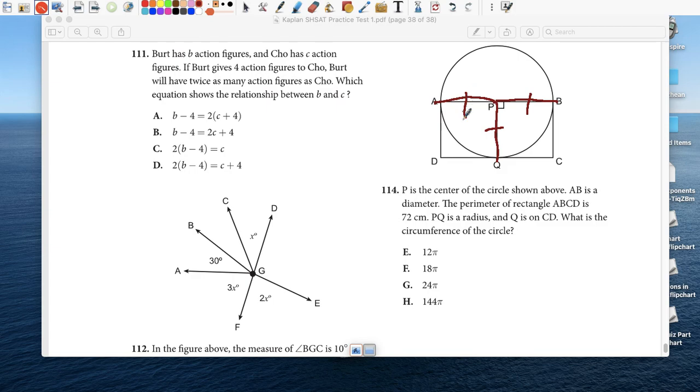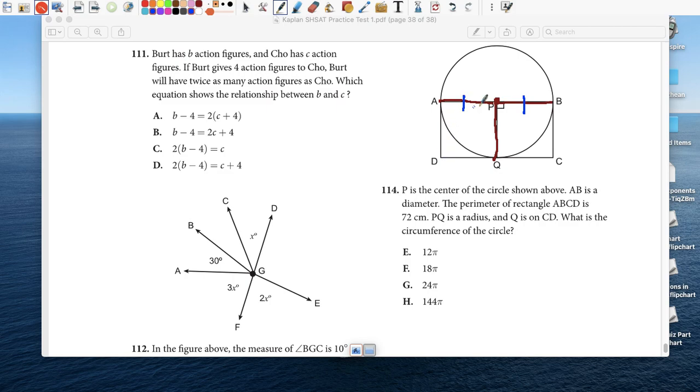Everybody okay with that? This is the center of the circle. This is the radius. This is also the radius, which means this is also the radius. They're all the radius, and I'm going to draw a line across it stating that this has the same measurement as this.